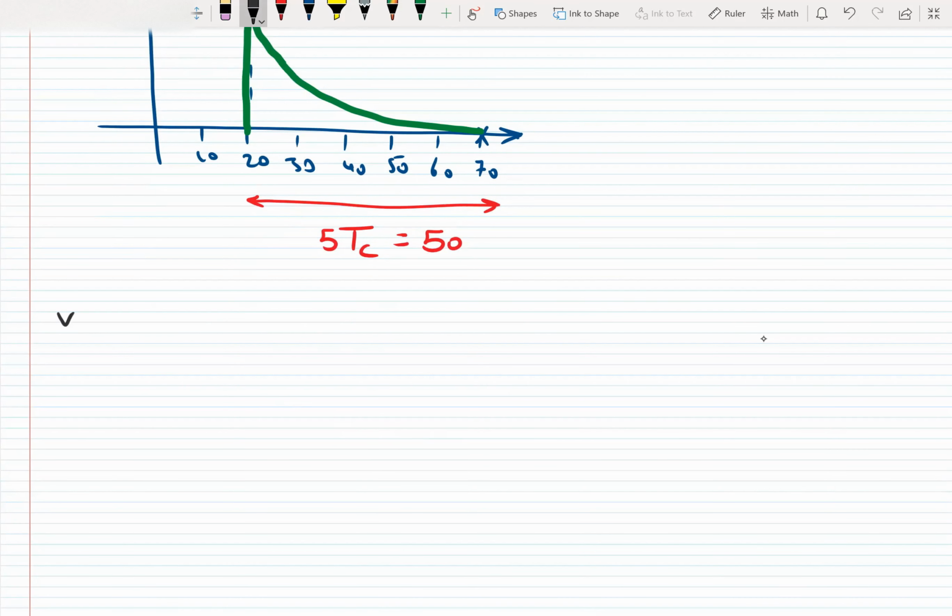The third signal is v3 of t is equal to 30 e to the negative t over 10 u of t minus 20.